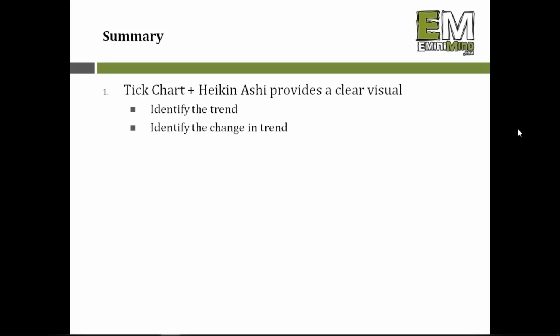And when we can identify that change in trend by way of a swing high or a swing low break, then we can identify, okay, this is a good spot to be looking for trades. Whether you use a 50% retracement or any other kind of entry, just being able to identify where the trend is about to change or likely to change, you can use whatever method you want to get into the trade.